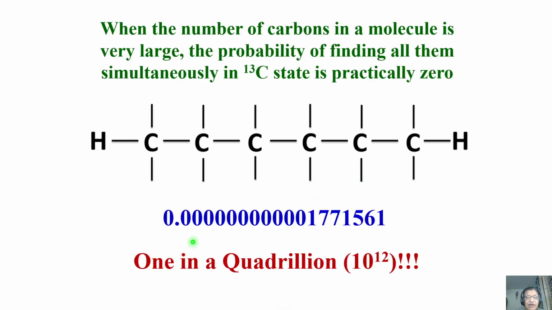Just look at this number. Such a very, very small number. It means the probability of seeing all the carbons in the carbon 13 state at a time is practically 0. You will not be able to see all the carbons as carbon 13.